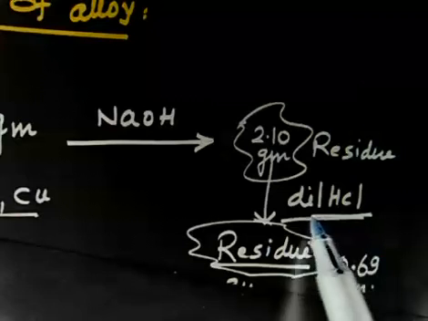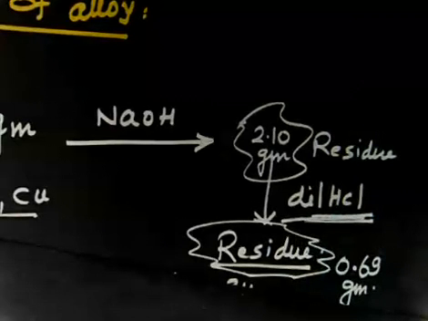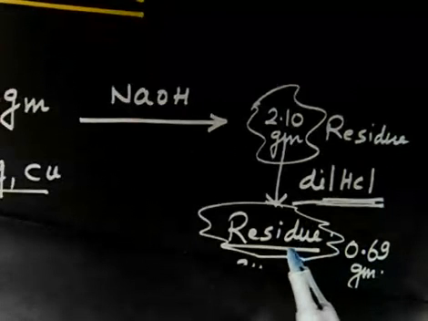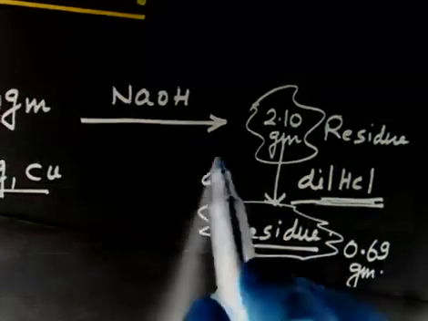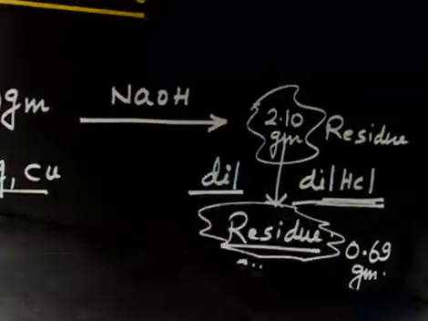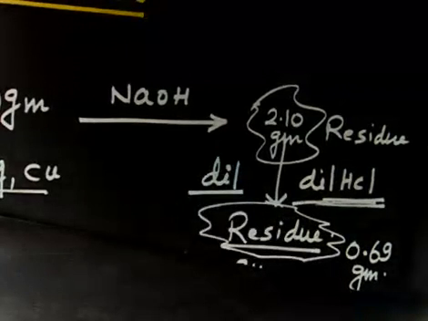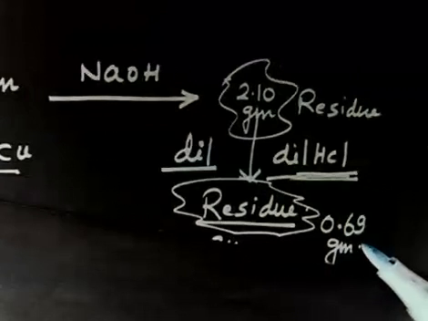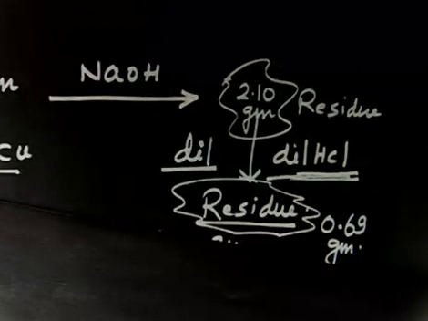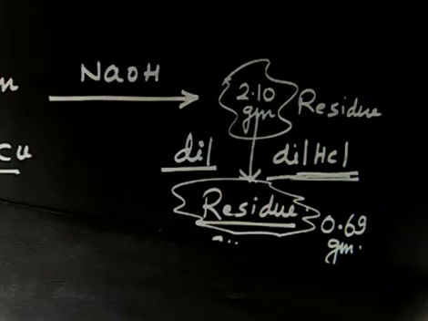This time some part dissolves in HCl, and again I have some residue that does not dissolve. This is not very concentrated HCl, and the weight of the residue comes out to be 0.69 gram.